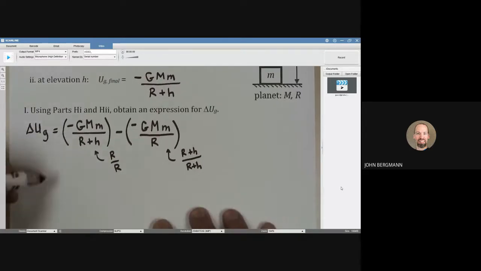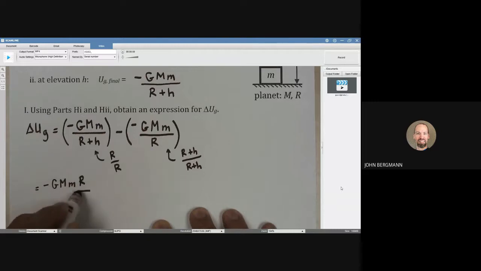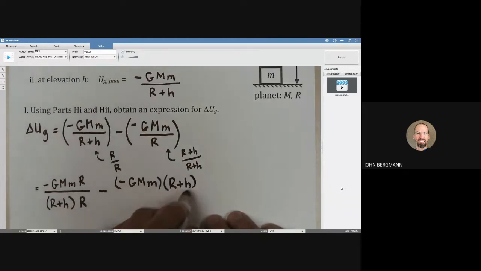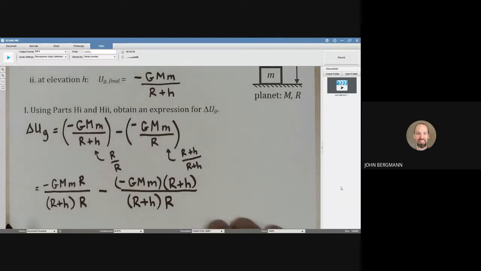We multiply that out, we're going to get negative big G, big M, little m, big R over R plus H quantity multiplied by R. That's the denominator. Minus, and then here we're going to put that negative G, M, m in parentheses, times the quantity R plus H, and then in the denominator, same thing, R plus H for R, kind of like that.